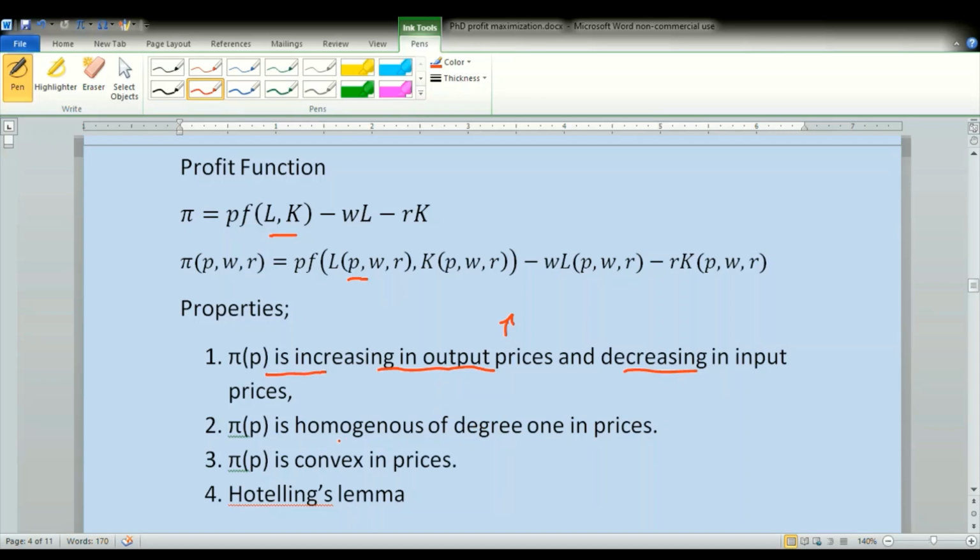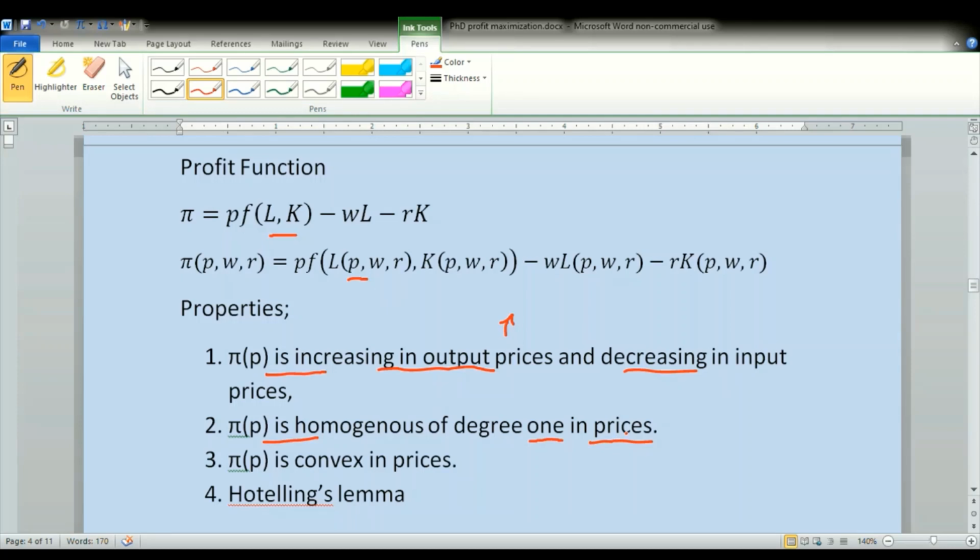The second property that we have is that the profit function is homogeneous of degree 1. This is important. Homogeneous of degree 1 in prices means that all prices, prices of inputs as well as prices of outputs, are considered.